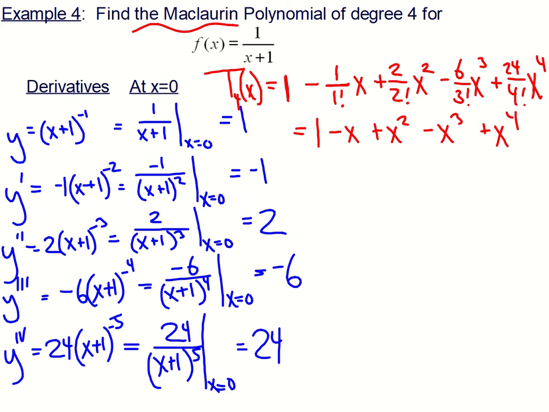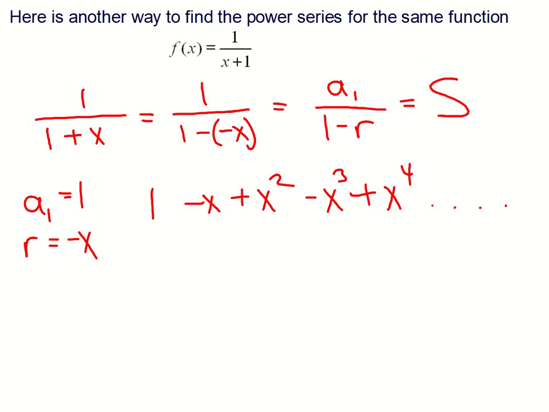So because we've done this one geometrically, we know that this is going to converge when the absolute value of r is less than 1. So that would mean negative x absolute value has to be less than 1, which means that x has to be in between 1 and negative 1 for this to converge. And we could graph this one as well, and we could see that the more approximations that we take, the closer it's going to be, but only in the neighborhood between negative 1 and 1.